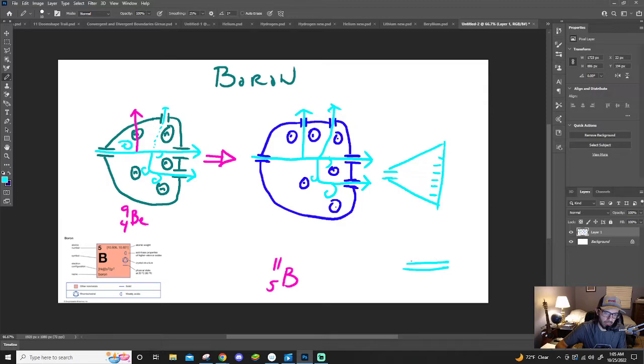And then the neutrons and the protons wrapping all the way around, and then we're back at hydrogen. So that's probably how it is, I would say.